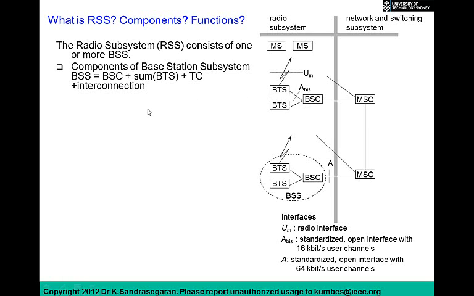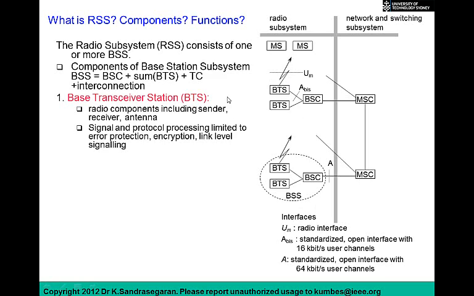So we have one BSS here and another BSS here, and within each BSS we have the BTS, which is the component that's located at the cell site. You may have many BTSs in your network, and one BTS is associated with one cell, or sometimes one BTS could cover many cells if you use sectoring.